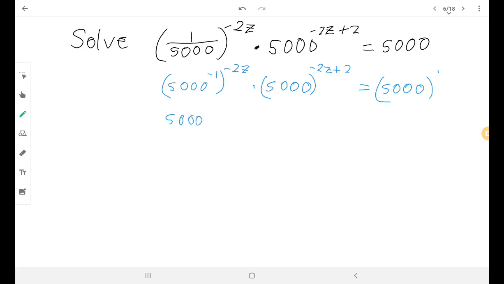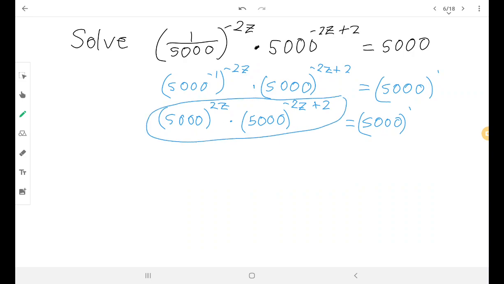That's 5,000 raised to the positive 2z times 5,000 raised to the negative 2z plus 2 equals 5,000 raised to the 1 power. And then, when you've got like bases and you're multiplying, as we do in that situation right there, all we need to do is add the exponents.